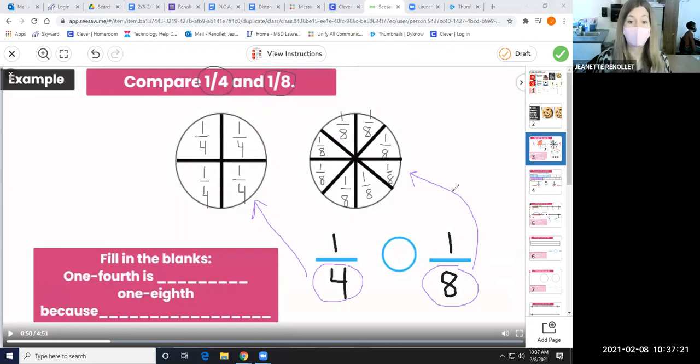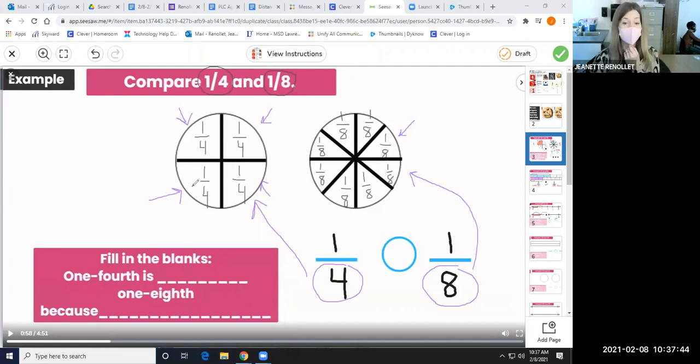Then I looked at the unit fraction. I know that each part is 1 out of the parts, so I labeled each section or part with the unit fraction. 1/4, 1/4, 1/4, 1/4. And then on the right model, I used the unit fraction 1/8 to label each part.